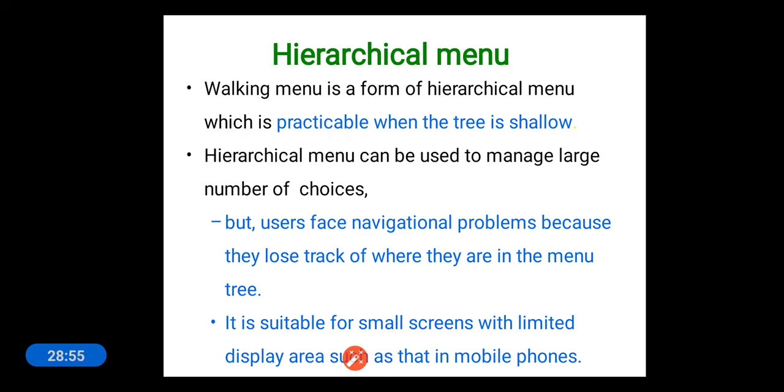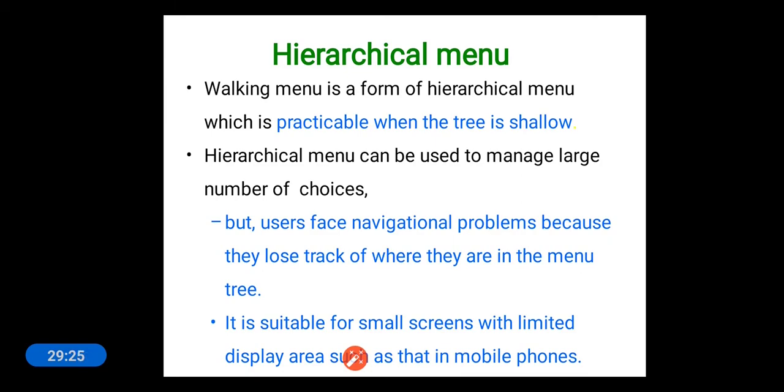As I said, the walking menu is a form of hierarchical menu which is practicable when the tree is shallow. The hierarchical menu can be used to manage a large number of choices, but users face navigational problems because they lose track of where they are in the menu tree. Here we are provided with the flexibility of using multiple choices, whereas in a walking menu the number of choices is limited to 10.